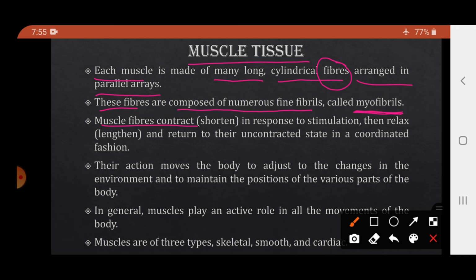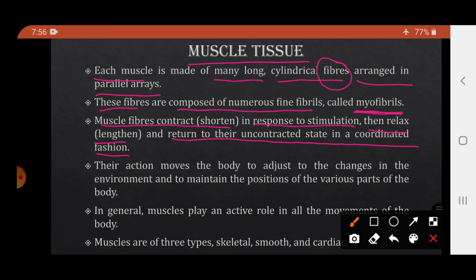Muscle fibers contract, that is, they shorten in response to the stimulation. जैसे ही मसल फाइबर एक्टिवेट हो गए, जैसे ही उसको कोई मैसेज मिलेगा, वो एक्टिव हो गए, और जैसे ही वो एक्टिव हो गए वो कॉन्ट्रैक्ट हो गए यानी वो शॉर्टन हो गए. Okay, after contracting they relax, that is lengthen, and return to their uncontracted state in a coordinated fashion.